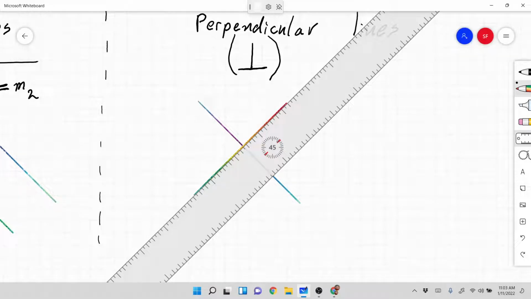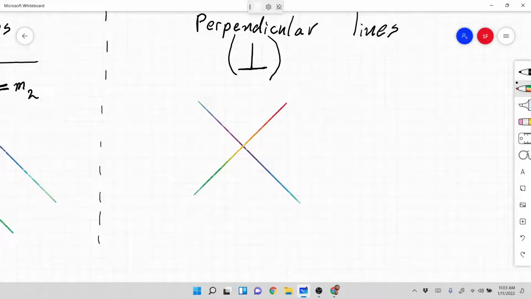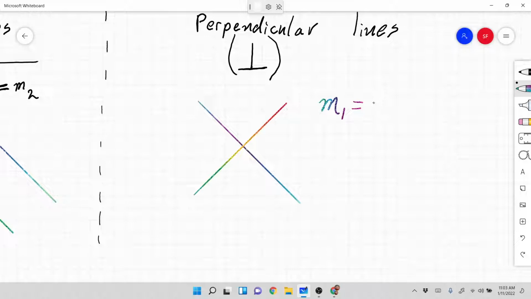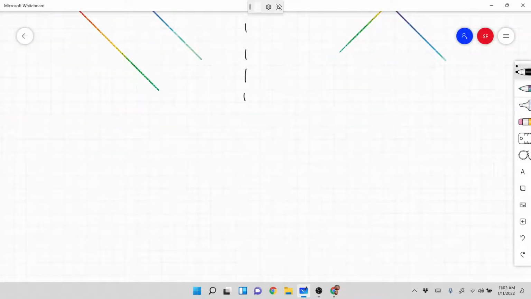To find their slopes, we flip and flip. So M1 equals the opposite reciprocal of M2. What I mean by flip and flip is we flip the sign and we flip the level, and then it becomes 1 over M2. Okay, so let's look at an example using some of these bits.